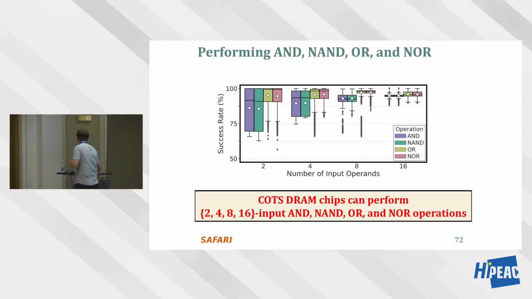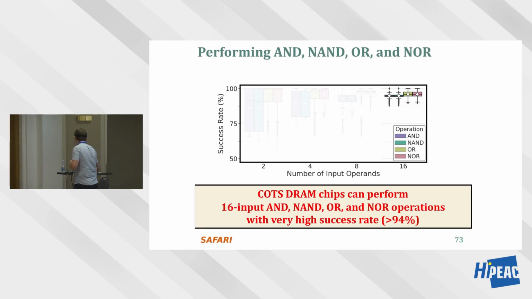And you can see that the success rate is usually quite high, even though DRAM chips are not designed to do this, right? When you buy DRAM, nobody tells you, oh, you can do computation in it. You can do read and write. You're not even supposed to violate the timing parameters, right? We're doing something that you're not supposed to do. But our goal is to show that these DRAM chips, even though they're not designed with this in mind, not optimized for this purpose, are capable of doing these operations that are really envisioned based on theory.